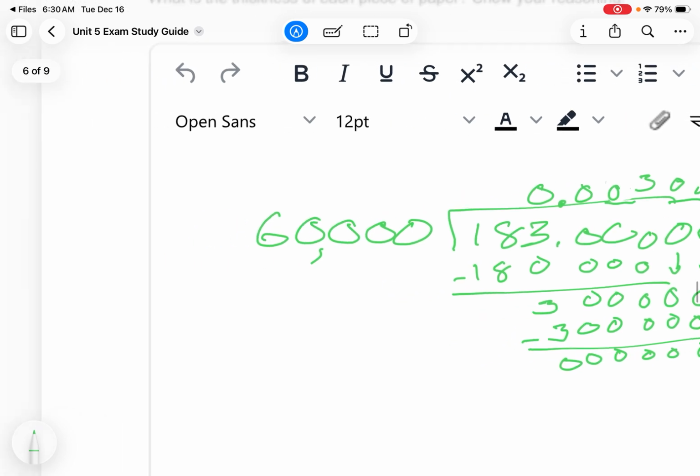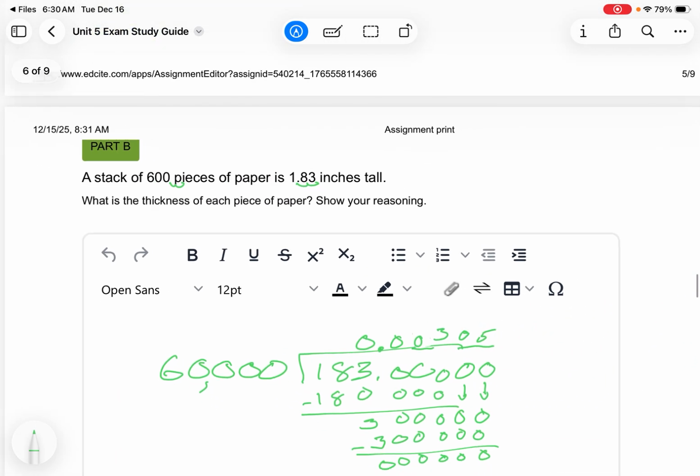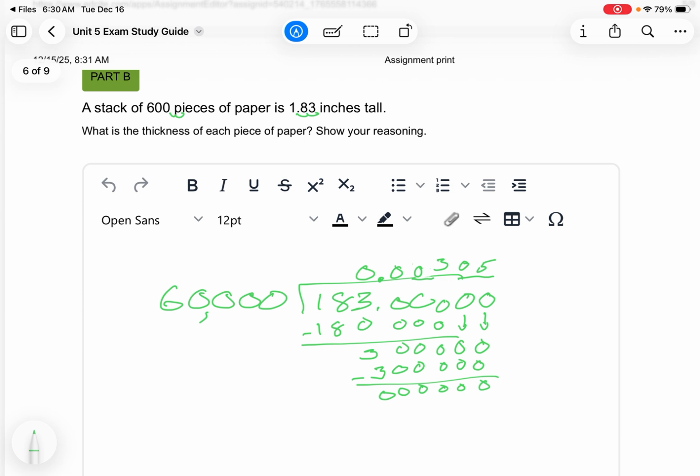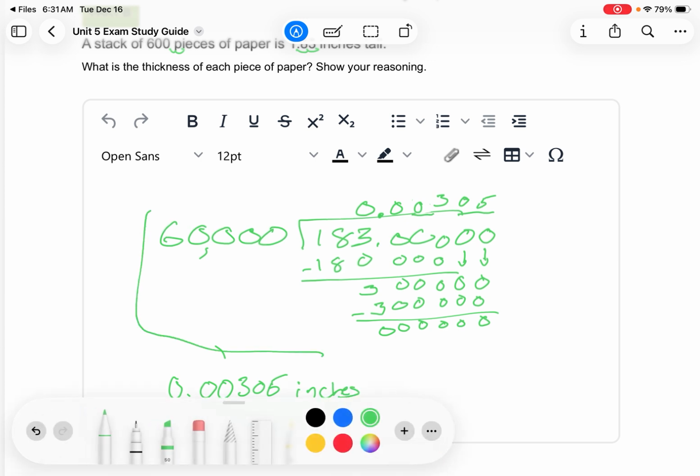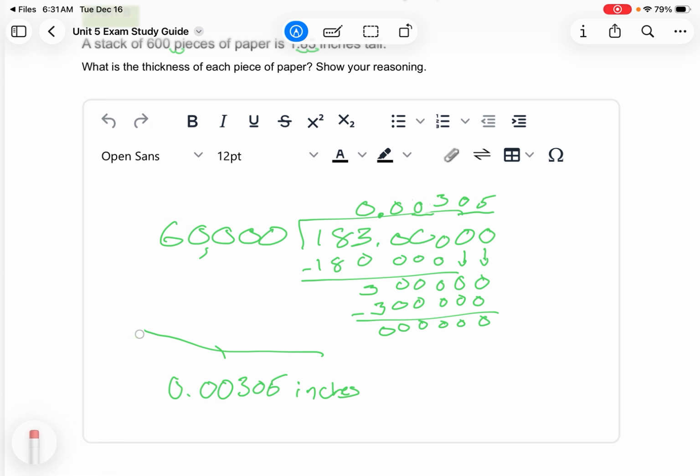And so our answer is, what is the thickness of the paper? 0.00305 inches. Okay. Everything here needs to be shown in some way, shape, or form.